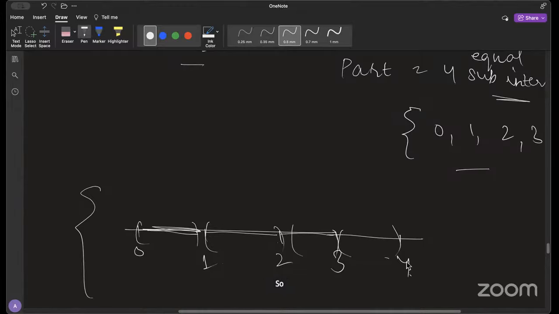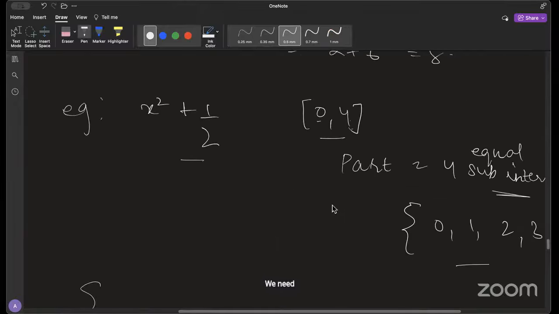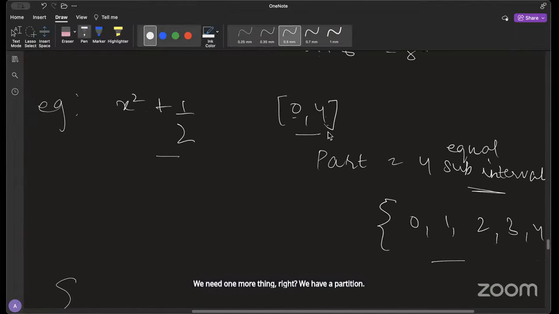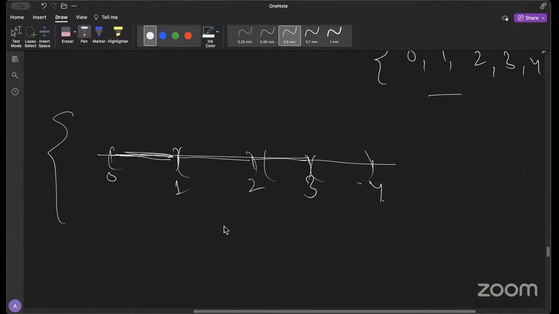And what else do we require to find the Riemann sum? We need one more thing, right? We have a partition, we have the interval, we have the function too. What else do we need? We need xi stars, right? The formula is the summation of f of xi star, so we need these points too.